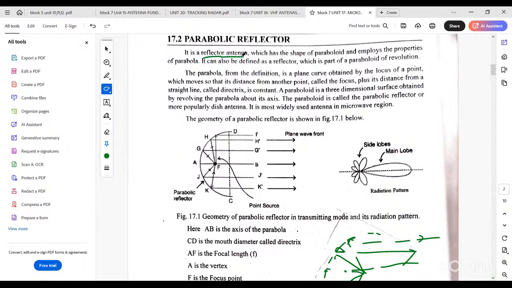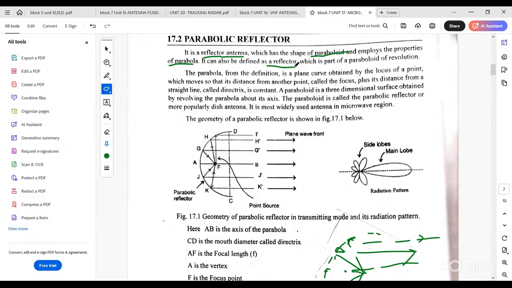The shape of this antenna is parabolic, and it has all the properties of a parabola. It is also called a reflector. That is given in the first paragraph.